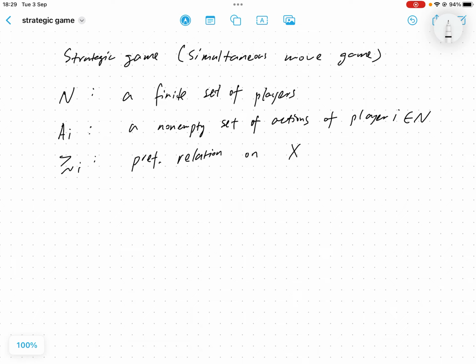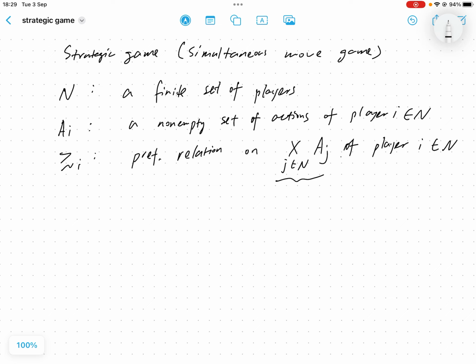We use this X as the notation for the product of the sets: j from N, and we multiply all those A_j's, of player i from N. We can also call this the outcome of the game or the action profile, because it's a combination of all the actions, the action spaces.